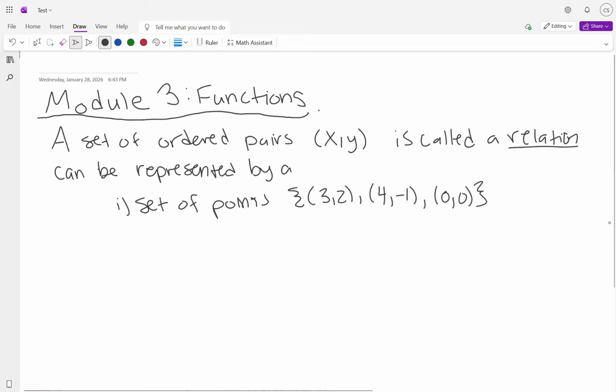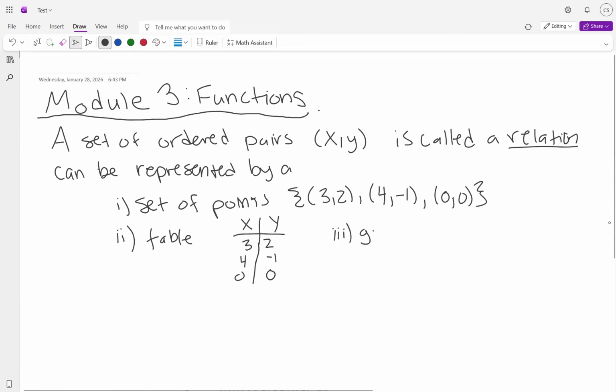It could also be given to us as a table. So we'll have x and y, and we'll have some values. So maybe 3, 2, 4, -1, and 0, 0, just giving us the same points, but given as a table.